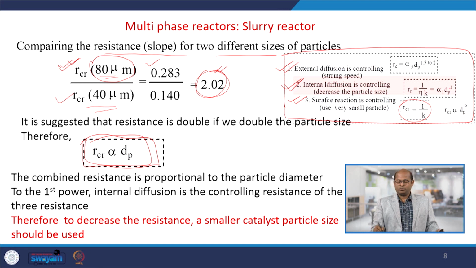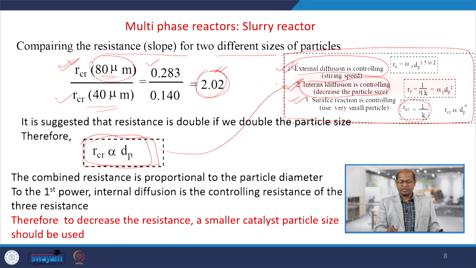If slope equals 1, then internal diffusion is controlling. If slope equals 1.5 to 2, then external diffusion resistance is controlling. Now it is coming in this category, meaning when we use 40 to 80 micron particles, the system follows this, meaning internal diffusion is the controlling resistance.